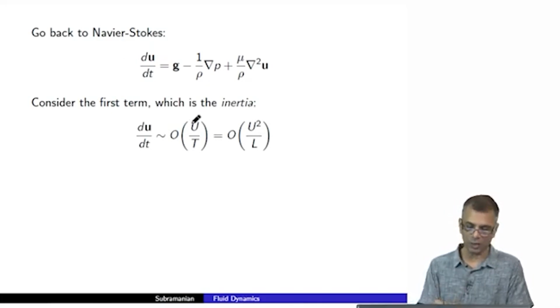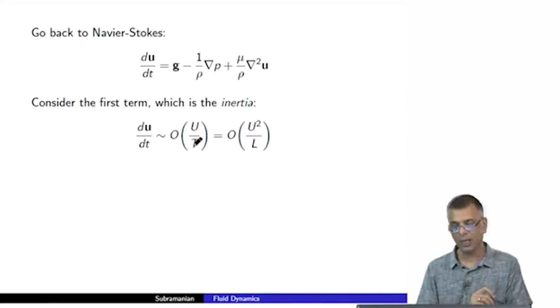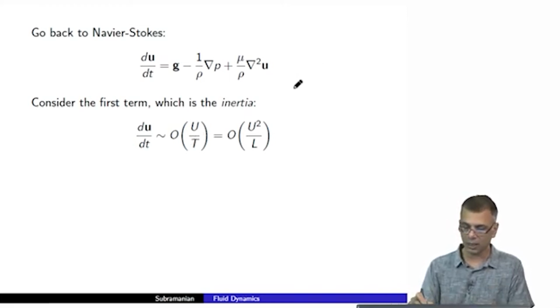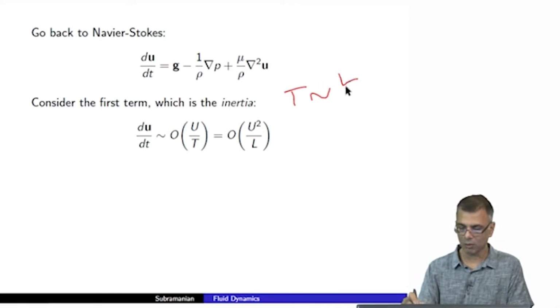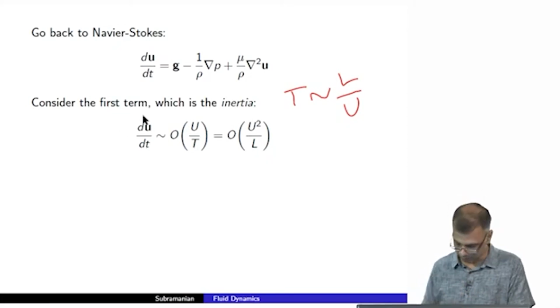It's roughly some kind of macroscopic velocity divided by some kind of macroscopic time. And the macroscopic time I write as something like L over U, right? Centimeter over centimeter per second. So if I substitute for this here, I get order of U squared over L. So that's the rough order of the inertial term.